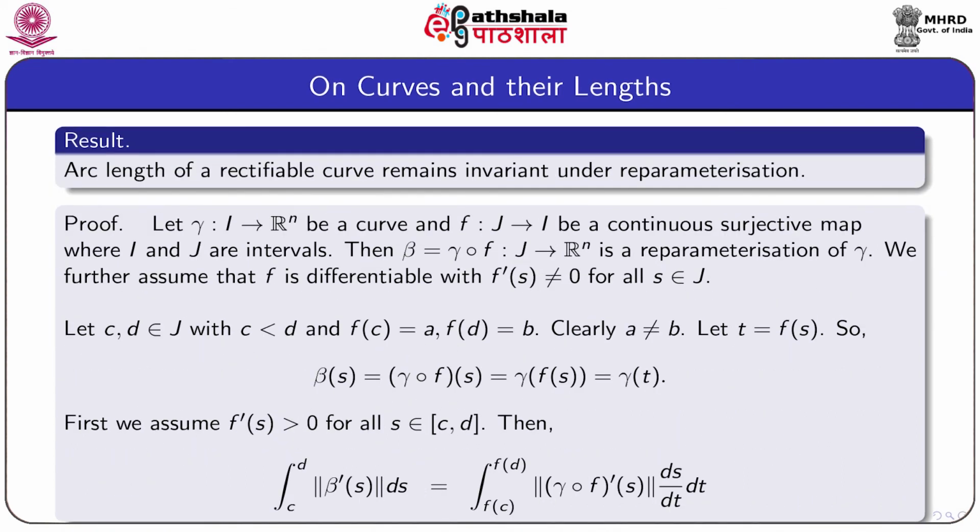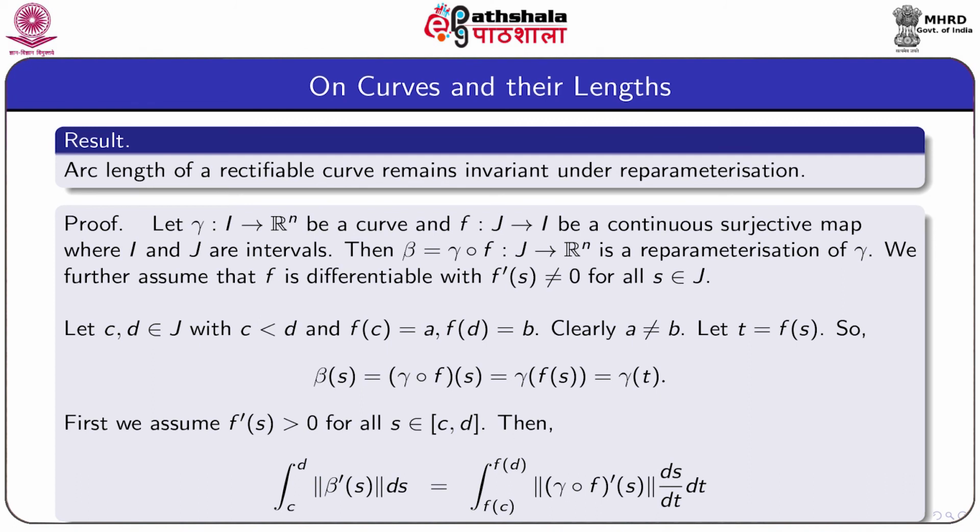Our first result: arc length of a rectifiable curve remains invariant under reparameterization. Now we give the proof. Let gamma from I to R^n be a curve and f from J to I be a continuous surjective map, where I and J are intervals. Then beta equals gamma composed with f, from J to R^n, is a reparameterization of gamma.